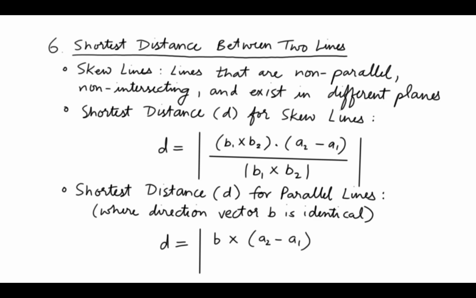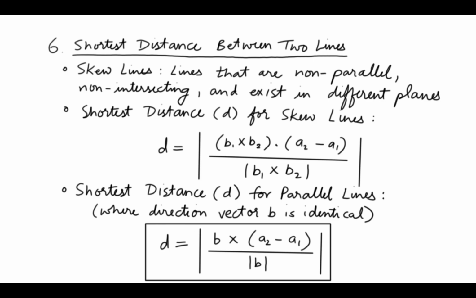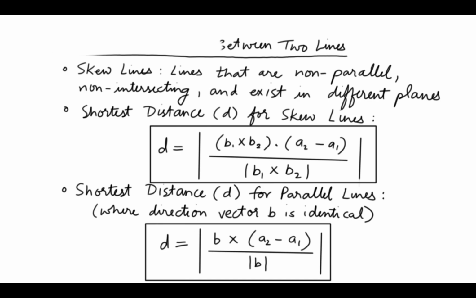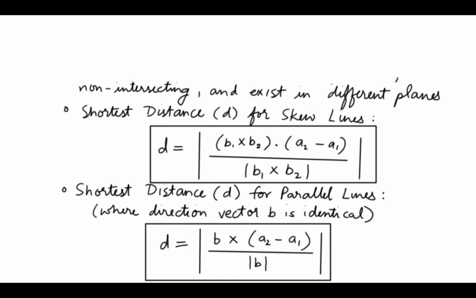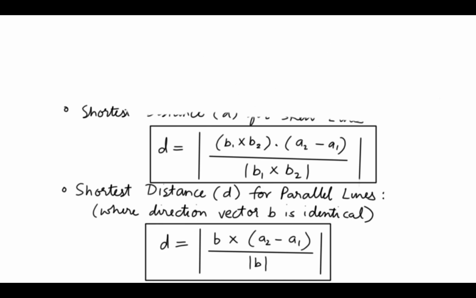If the lines are parallel rather than skew, their direction vectors are identical, and we switch to cross product format to measure the fixed spacing between them.